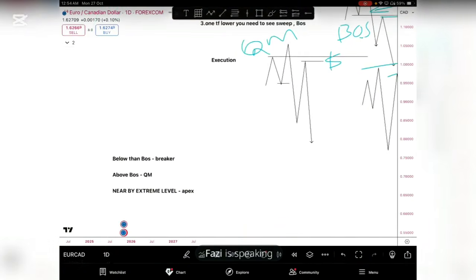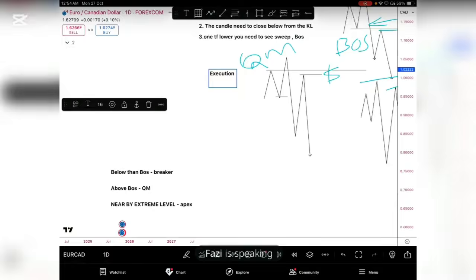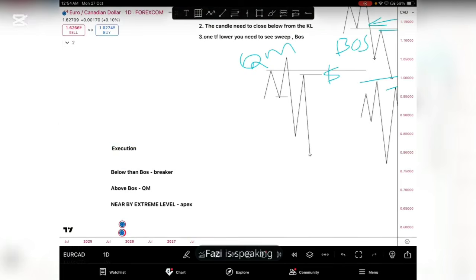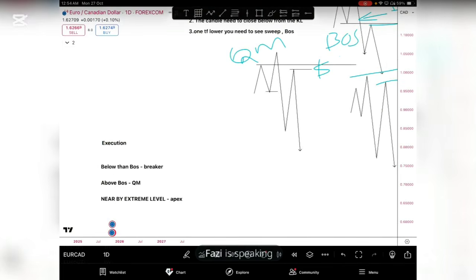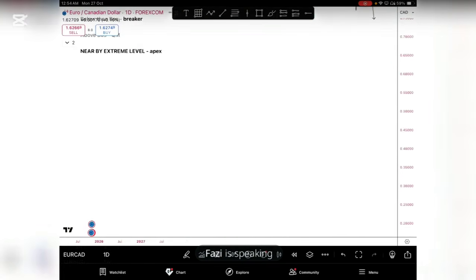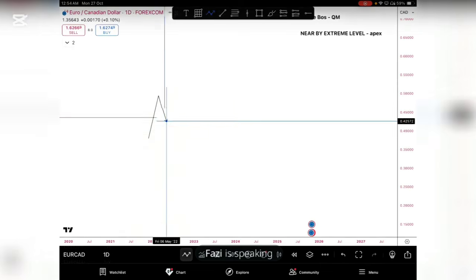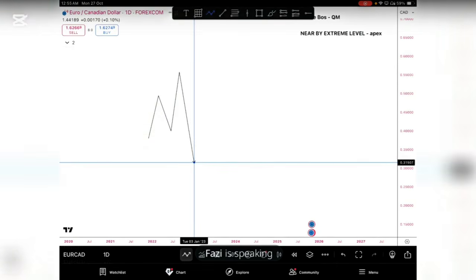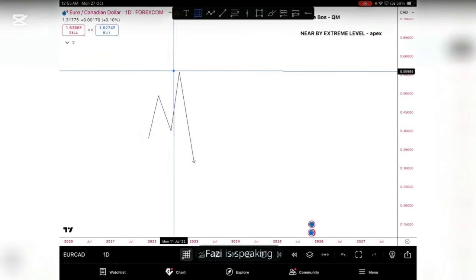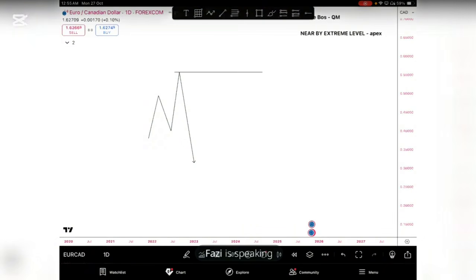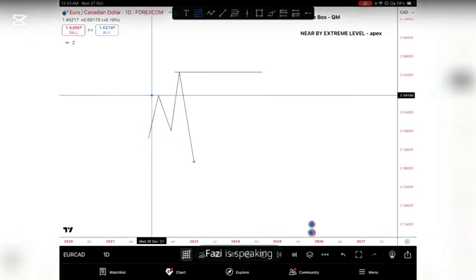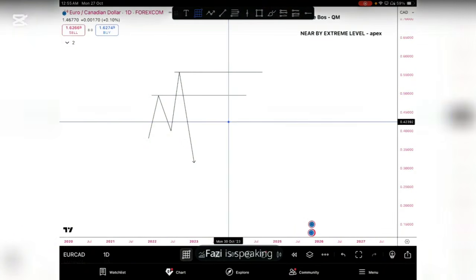So this is the first step we need to look for in execution: where the liquidity has been formed. After the liquidity has been formed, we know that we have three types of level: the apex level, which is the extreme level, the QM level, which is this level, and the breaker level, which is this level.